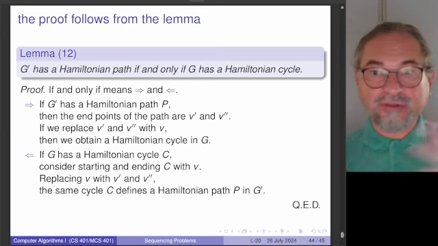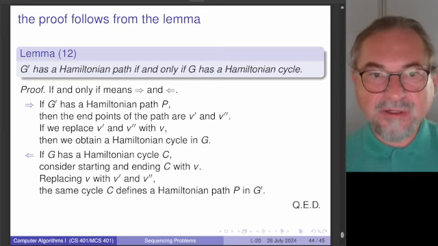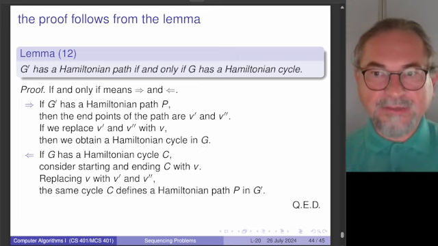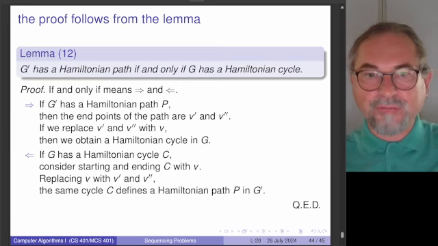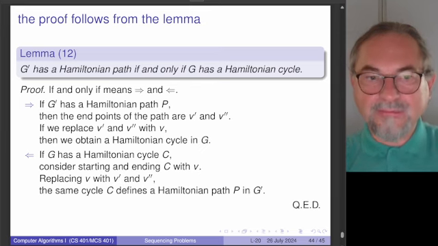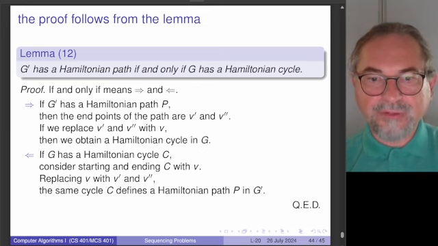So by the construction of this graph with the v double prime, if that replacement happens again, so the two different vertices, so you no longer have a cycle and then beginning and end are different, then you can see that you have the important equivalence.